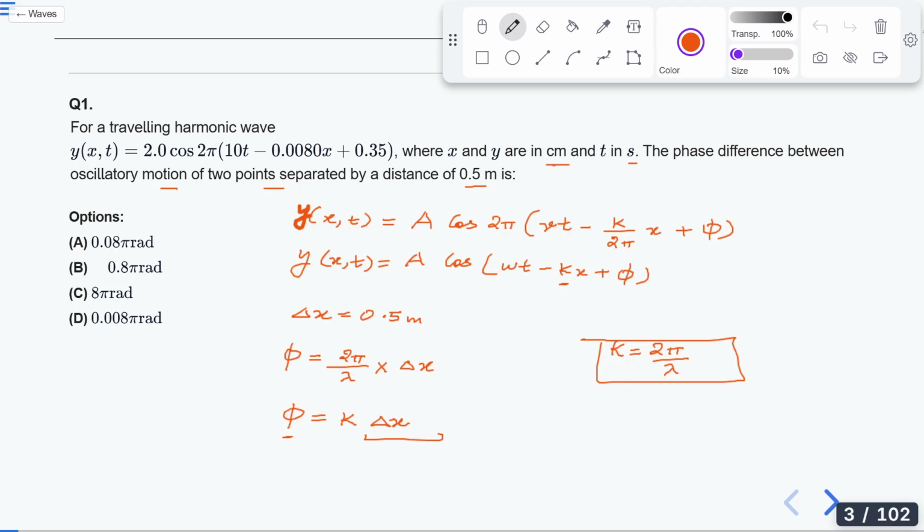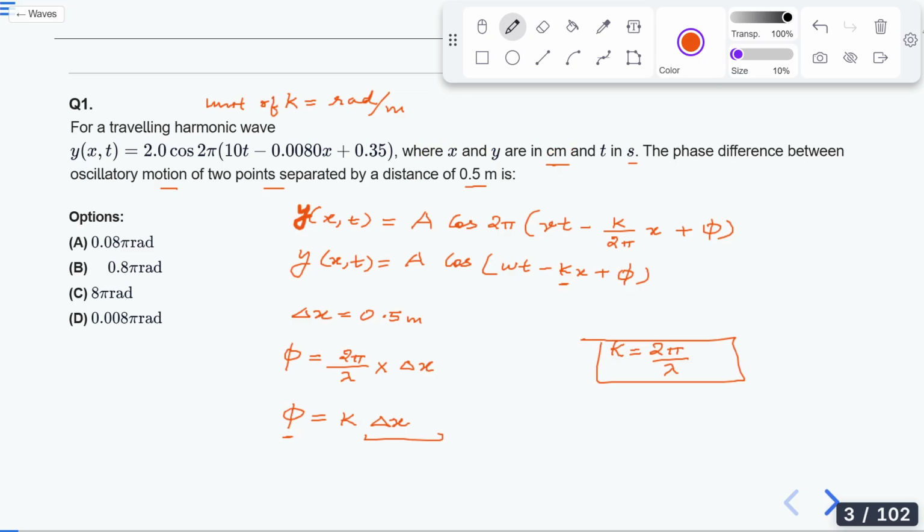So the value of k given in this equation is in centimeters. What is the unit of k? Unit of k is radian per meter.